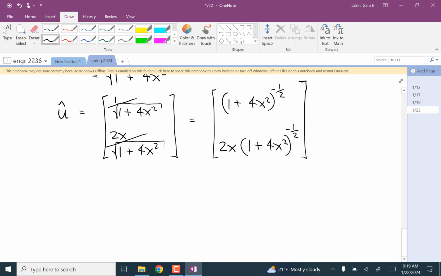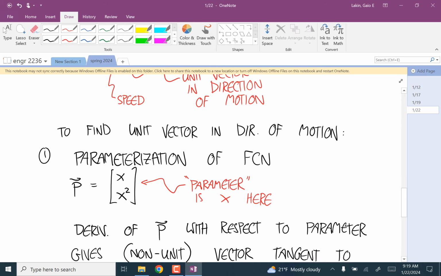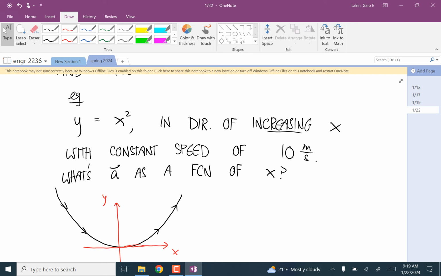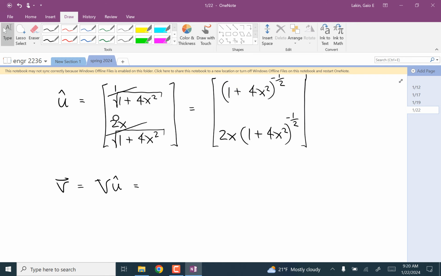Now that we have a unit vector in the direction of motion, we can write the velocity vector as the speed times that unit vector. In this case, we're using a constant speed of 10 meters per second. So this is just going to be 10 times 1 plus 4x squared to the negative 1/2.